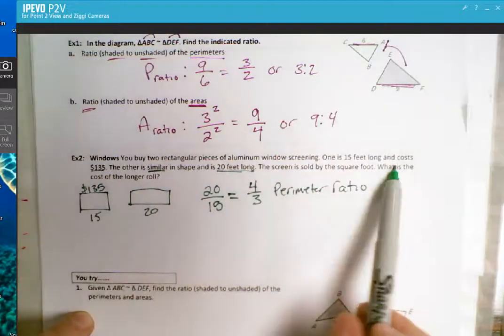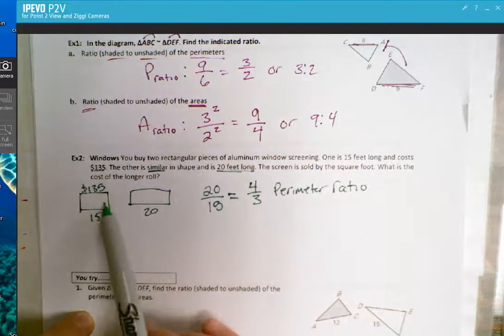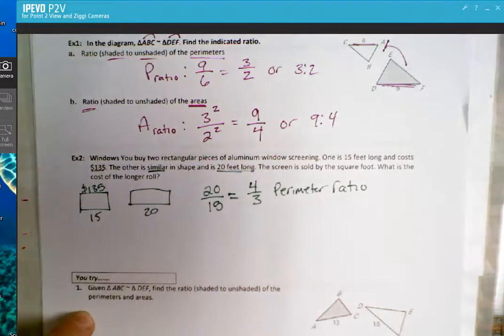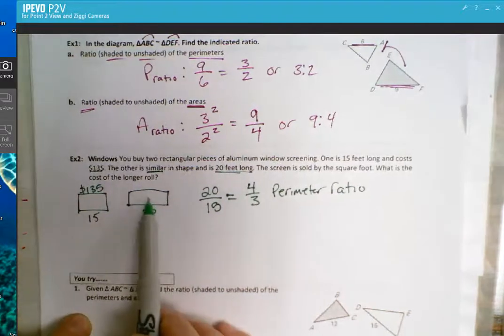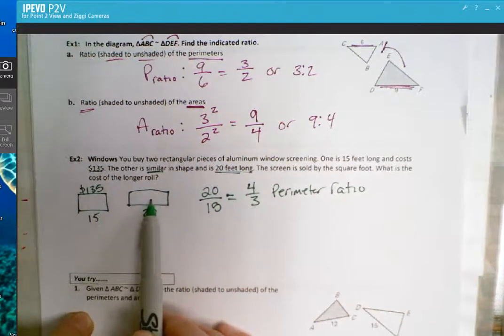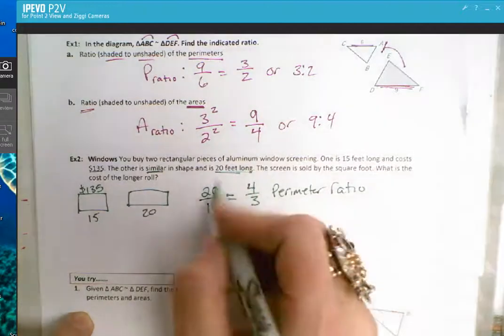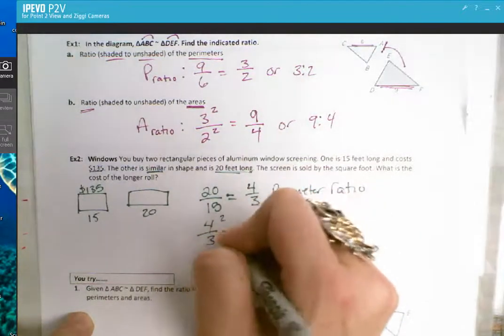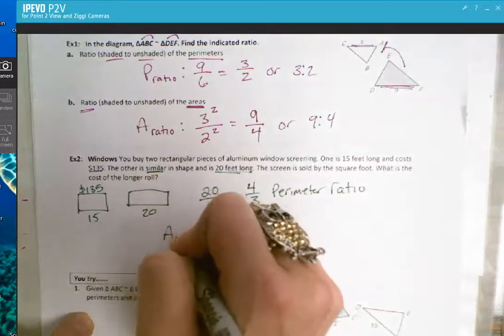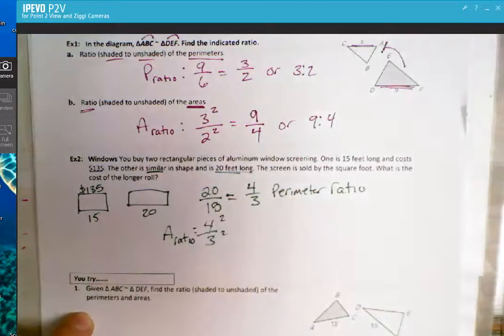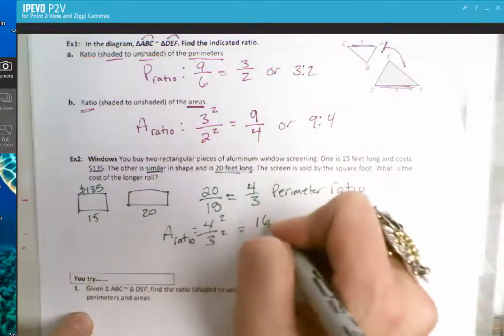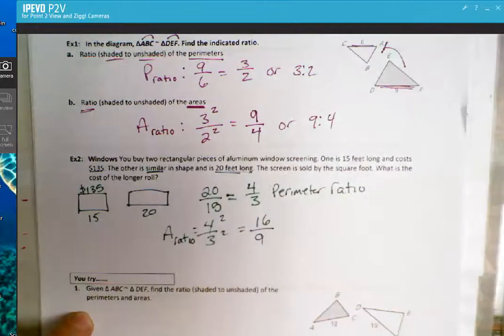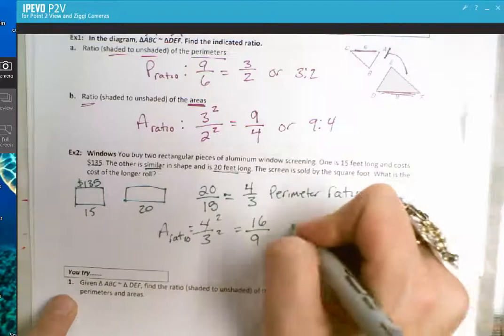So if I take my 4/3 perimeter ratio and square it, I'm going to get the area ratio, which is equal to 16 over 9. 4 squared is 16, 3 squared is 9.